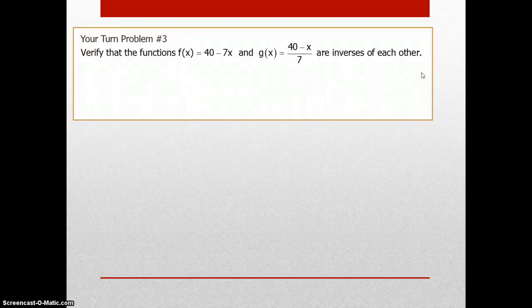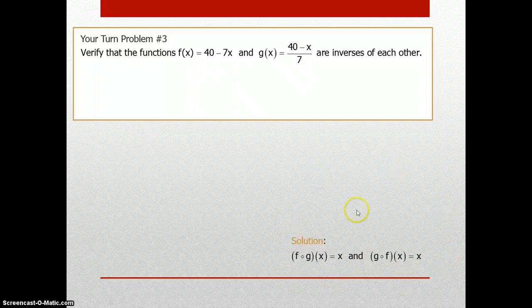Now I want you to try this. I want you to verify that f of x is equal to 40 minus 7x, and g of x, which is 40 minus x divided by 7, are inverses of each other. Take a few minutes, pause the video, work this out like I just did to show me that f of g of x is equal to x and g of f of x is equal to x.